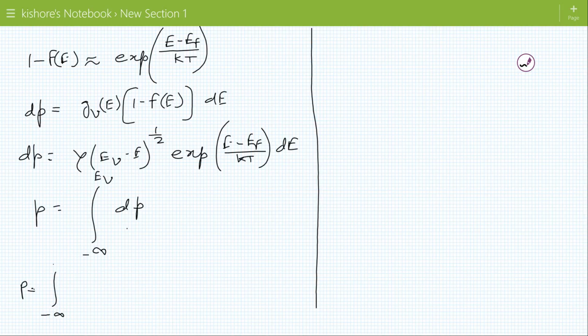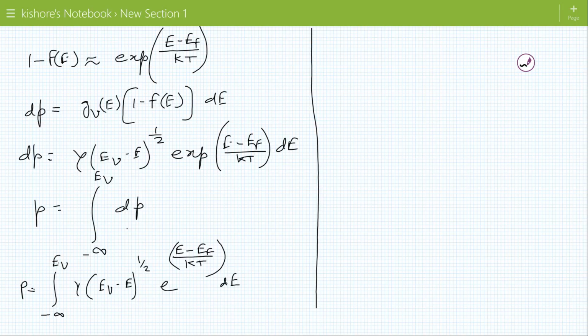So P is integration of gamma (EV minus E) to the power 1 by 2 e to the power (E minus EF) by kT dE. Here gamma is constant.